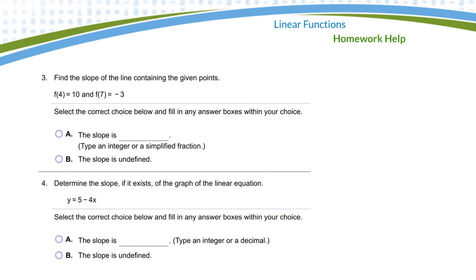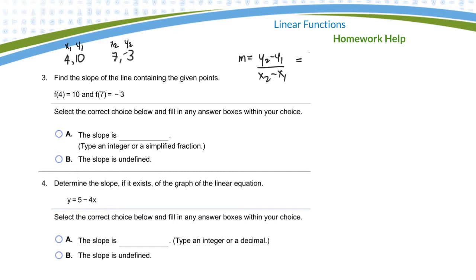Here's another question and asks to find the slope. Remember, though, this is just another way of writing the point 4, 10 and the point 7 and minus 3. Now, I've done most of them so far just looking at a graph, but why don't we use this formula on this one? y2 minus y1 over x2 minus x1. Let's call this x1 and y1. This one x2 and y2.